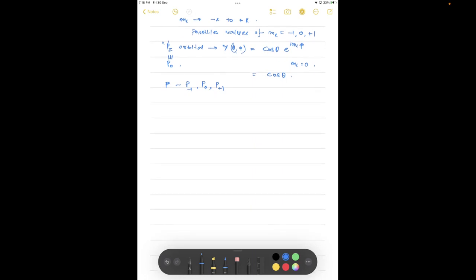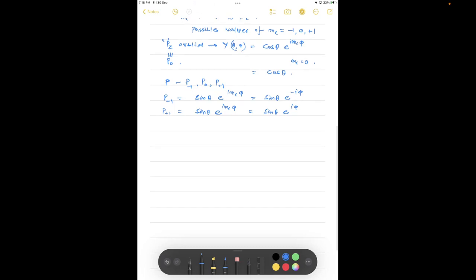Now for p minus 1, it will be sin theta times e to the power i ml phi, with ml equal to minus 1 in this case, so sin theta times e to the power minus i phi. Now for p plus 1, it will be sin theta e to the power i ml phi, which equals sin theta e to the power plus i phi.